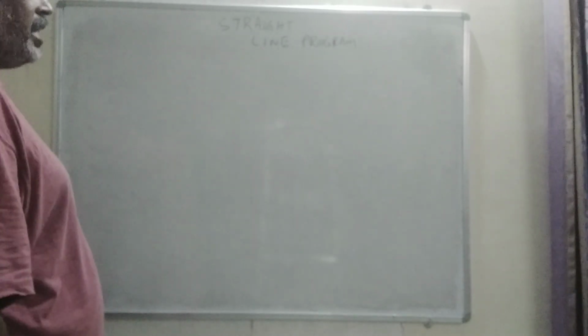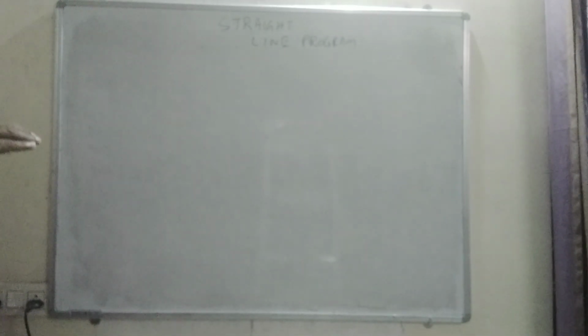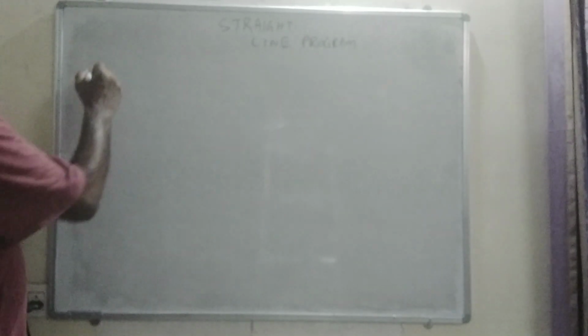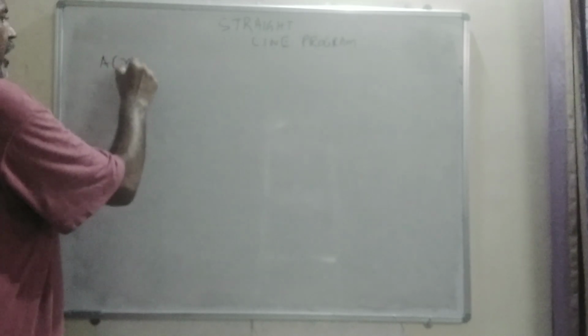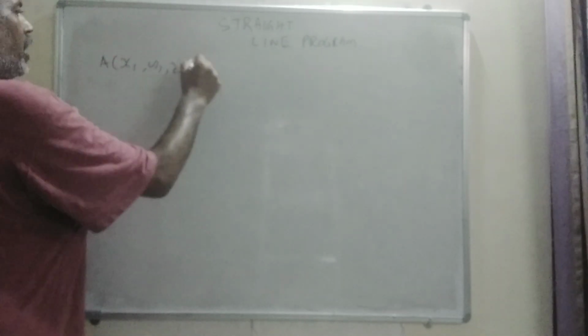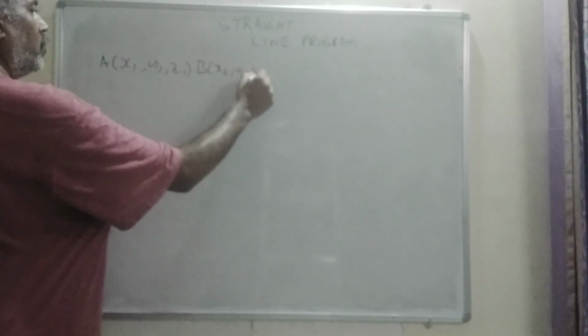To explain how to convert model coordinates into device coordinates, I'm taking two coordinates, A (x1, y1, z) and B (x2, y2, z).